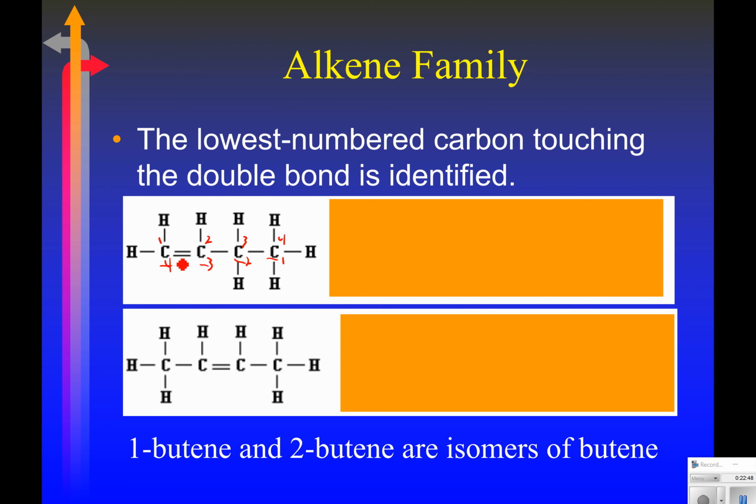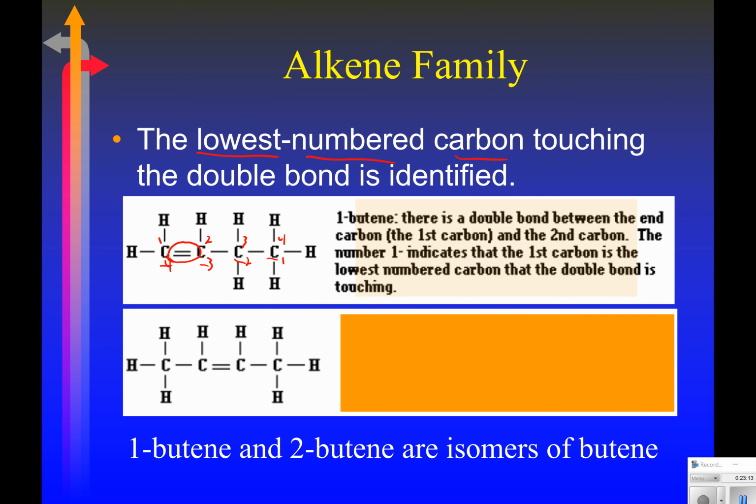So to start, since we have a double bond, we know that it's part of the alkene family. So the ending is going to be -ene. There are 4 carbons, so it's going to get the but prefix. So this is butene. But the only difference is that we have to identify where this double bond is. We always put it on the lowest numbered carbon that's touching the double bond. In this case, it will be 1.